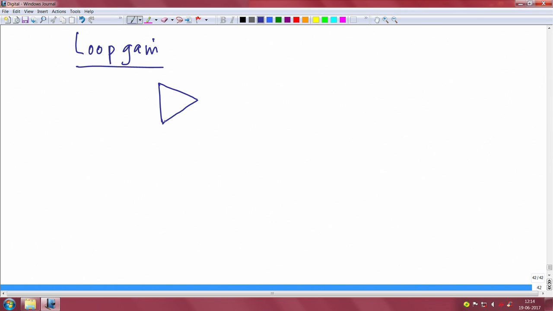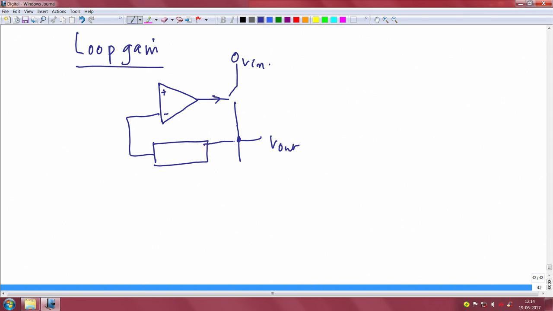Remember your error amplifier, the LDO has an error amplifier, right, and the error amplifier will have a gain. So, that is V in, this is the feedback, and you know what this is, Vref.